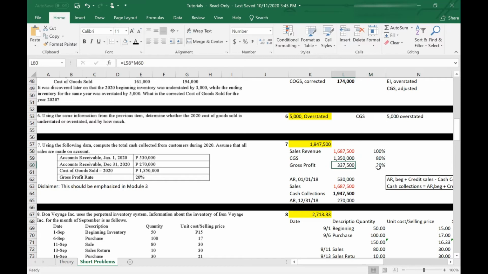If your gross profit is 20%, for you to get your sales revenue, you simply divide.